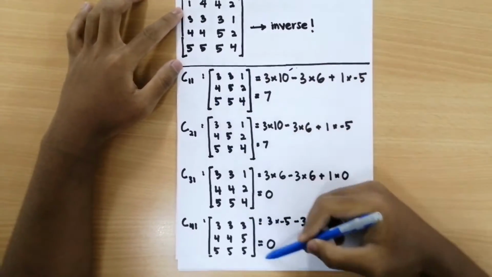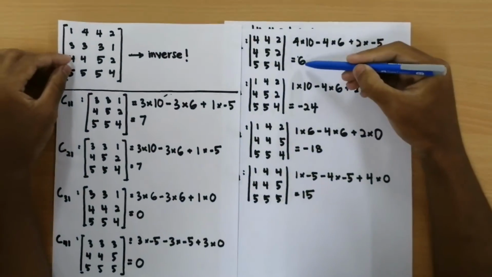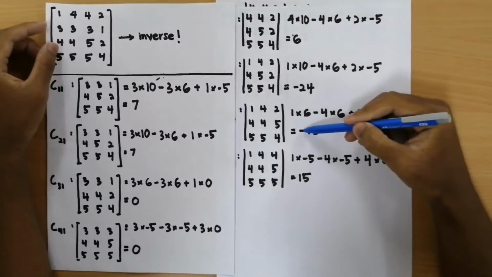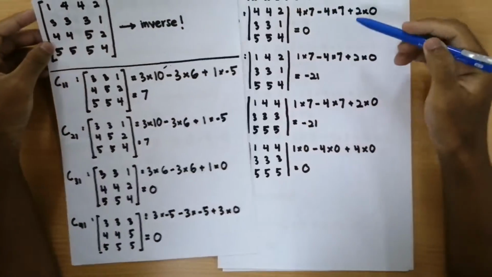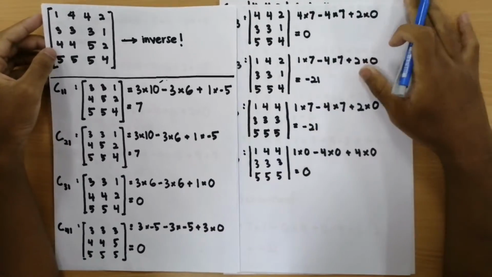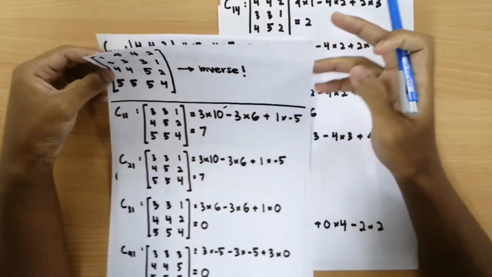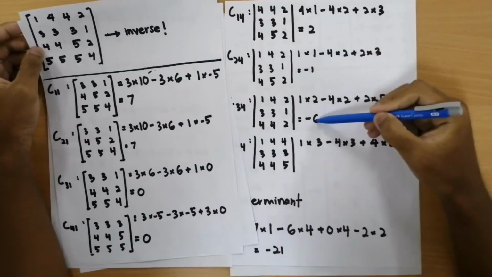This is the result of the first column, and the result of the second column will be 6, negative 24, negative 18, 15, and the third column will be 0, negative 21, negative 21 and 0, and the last column will be 2, negative 1, negative 6.